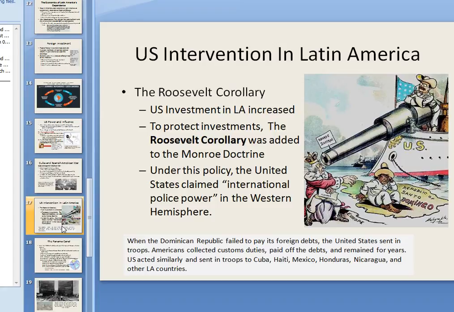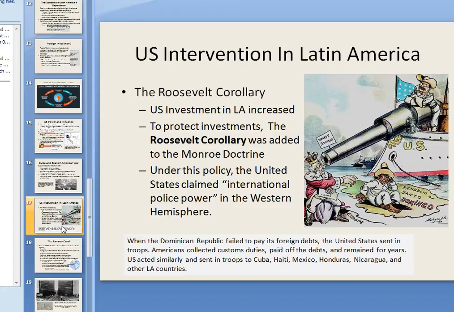Those days are over, right? The Roosevelt Corollary basically claims that the United States is sort of an international police power in the Western Hemisphere, that we will protect the Western Hemisphere from any type of encroachment. But it also kind of assumed an intervening role in Latin America that they were not always pleased with.